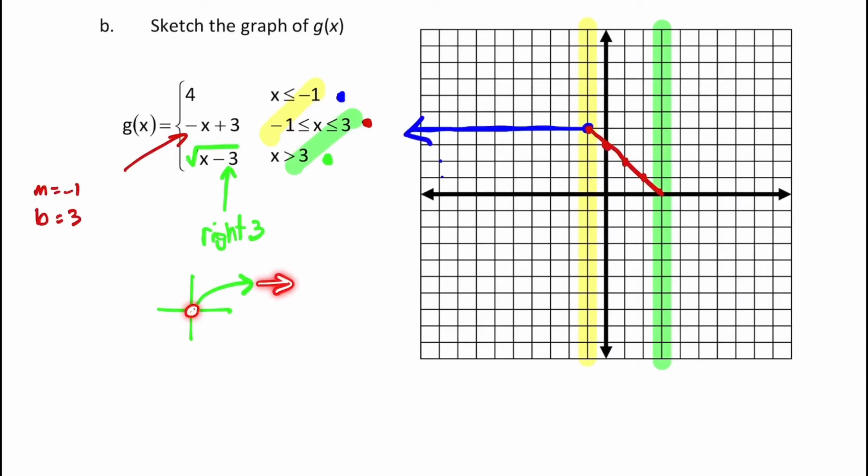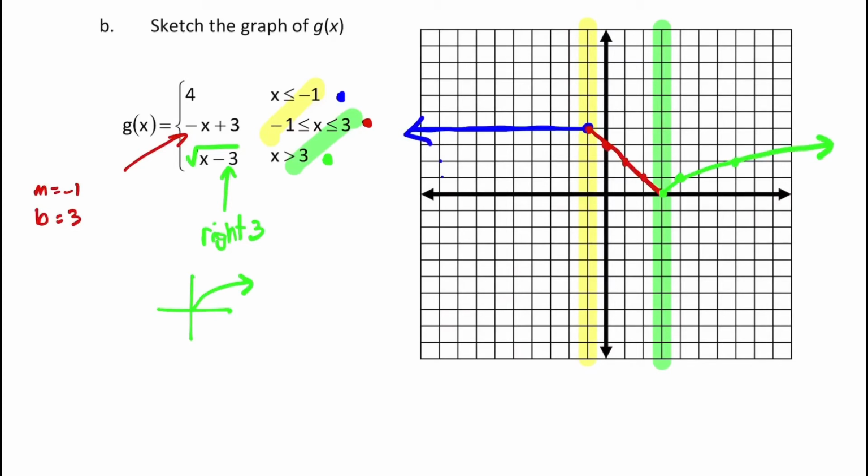So this point here, which is the origin, goes right 3. So if you notice, that's going to hit right here. And then my pattern is over 1, up 1, over 4, up 2. Okay, over 1, up 1, over 4, 1, 2, 3, 4, up 2. And there's that third piece.